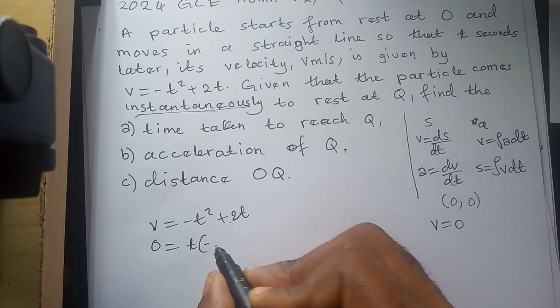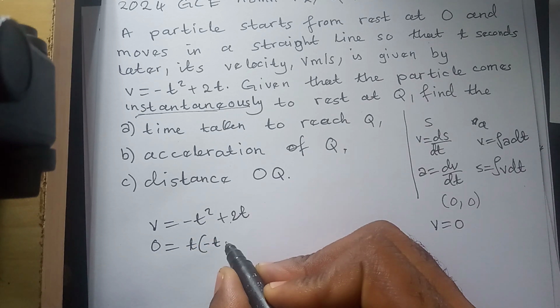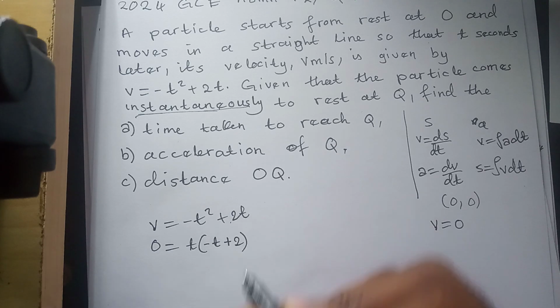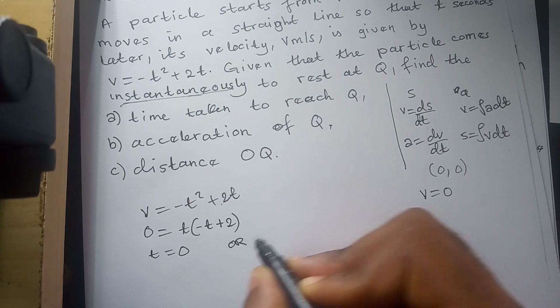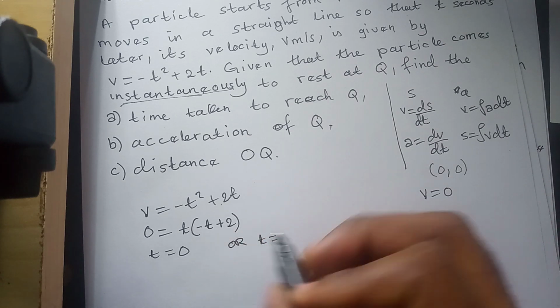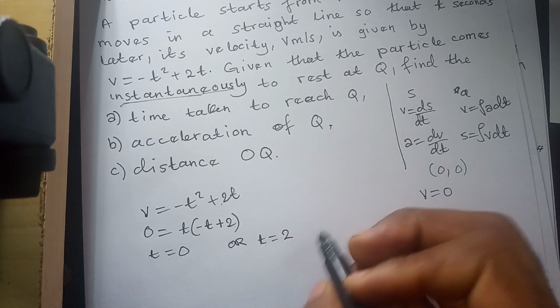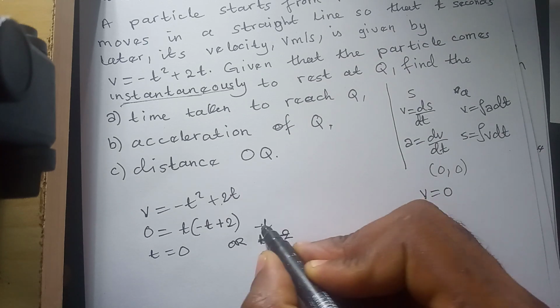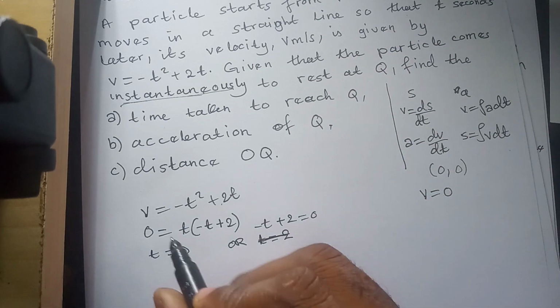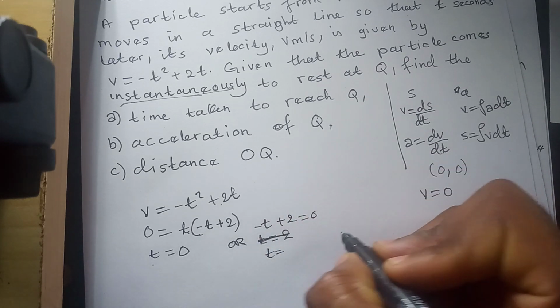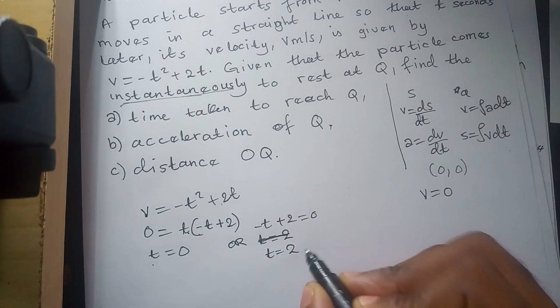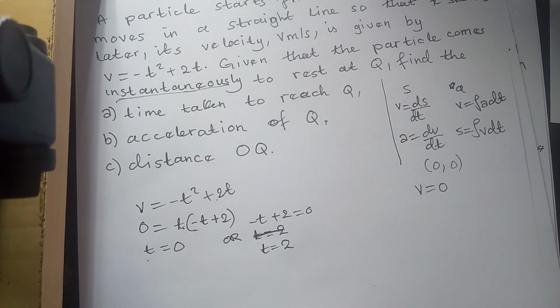So this will be t times negative t plus 2. Then we can say either t is equal to 0 or negative t plus 2 is equal to 0. Then when you take the t to the other side, you realize that t is equal to 2.